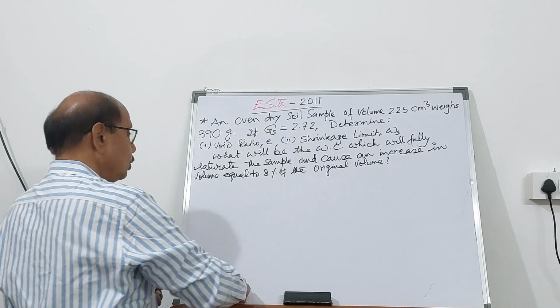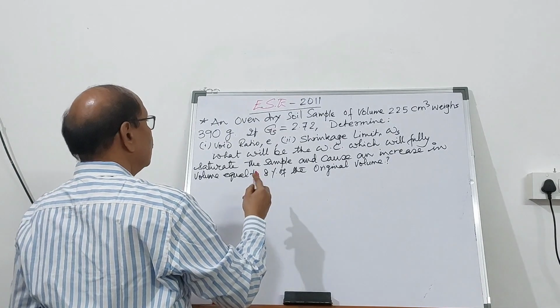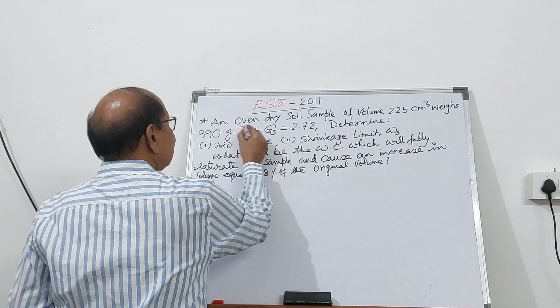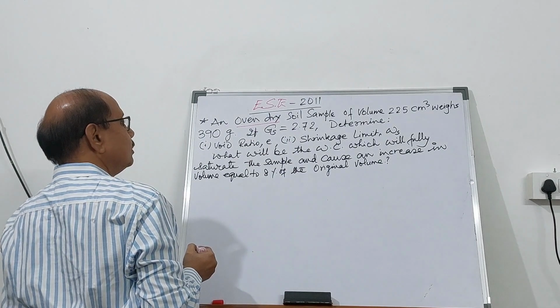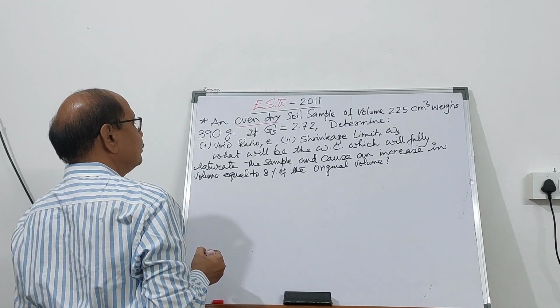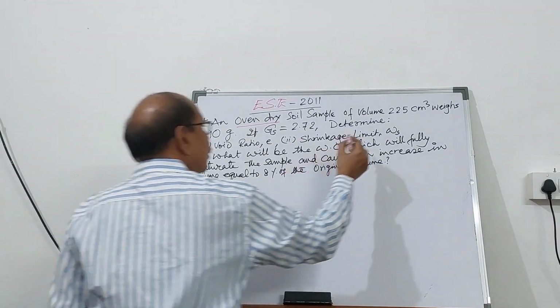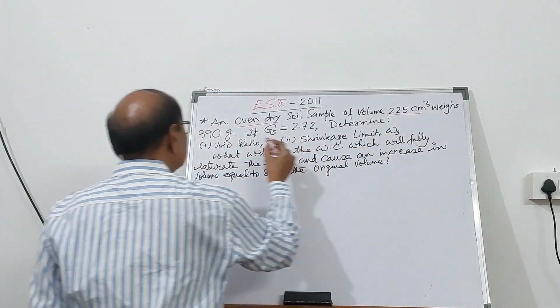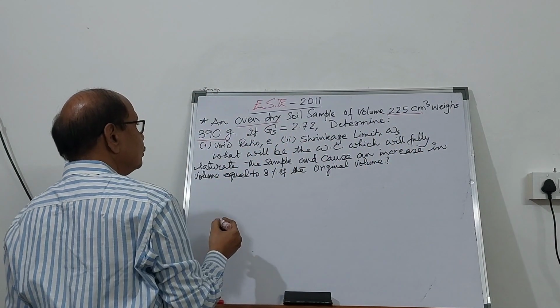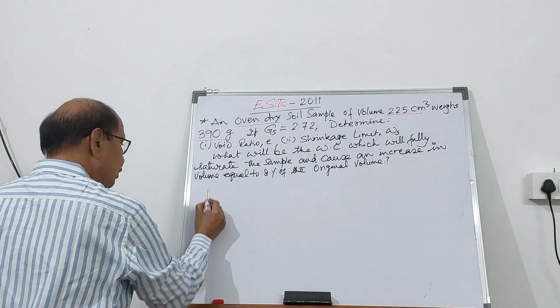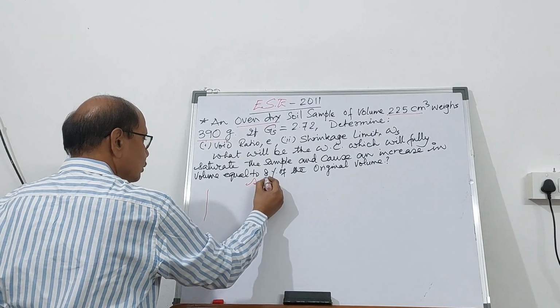So the sample is oven dried, and the volume is given to you, the weight is given to you. So you have a soil sample. Let's see the solution.